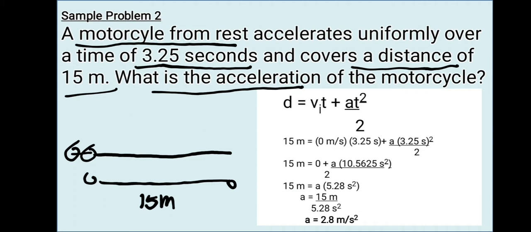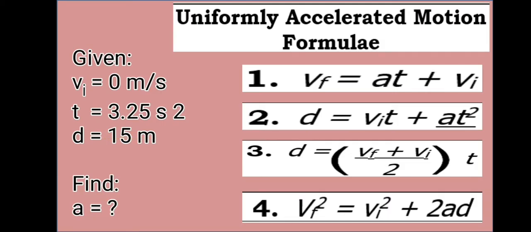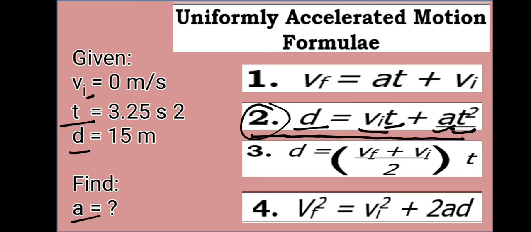What is the acceleration? So when you look for the formula, the shortcut that I'm preparing here is this one. This is now the formula, because as we check it to our toolbox, you will find out that still number 2 is the usable formula, because it contains the VI, it contains the T, and it contains the D, and it also has A. Therefore, number 2 is still used in our sample problem number 2.